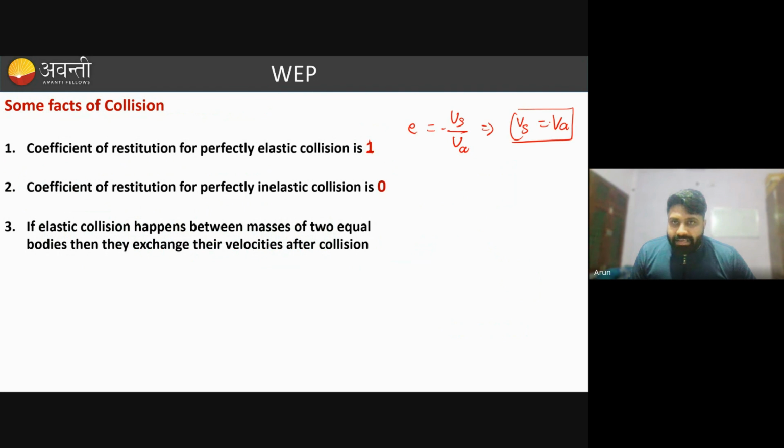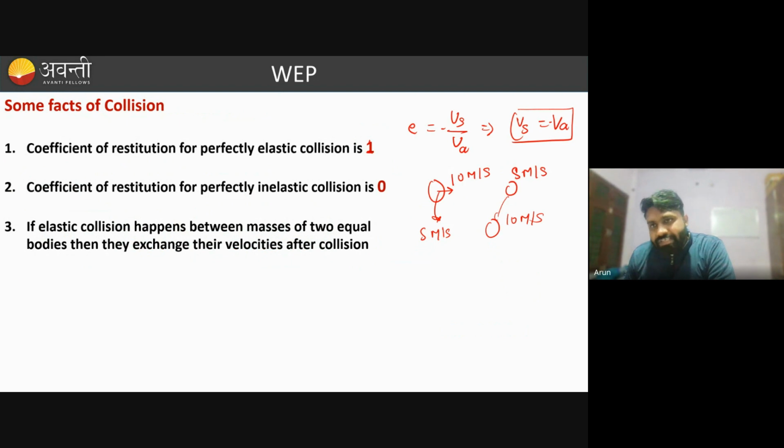If, for example, this ball is moving with 10 meter per second and this ball with 5 meter per second, then after collision this ball will move with 5 meter per second and this ball with 10 meter per second. They just exchange their velocities. It is the meaning of that.